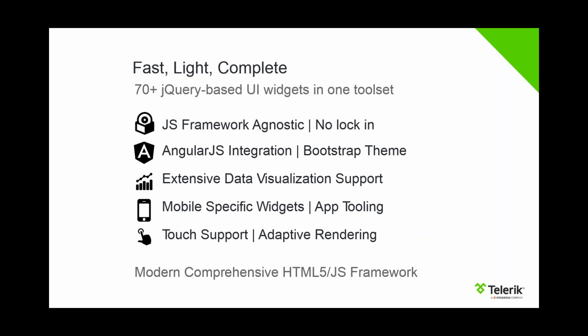So there's no framework lock-in. Why? Because what we provide is a set of things within the framework. We give you the UI widgets, the framework elements, the web widgets, data visualization widgets, mobile widgets, and the mobile framework. So it's up to you what you want to pick.